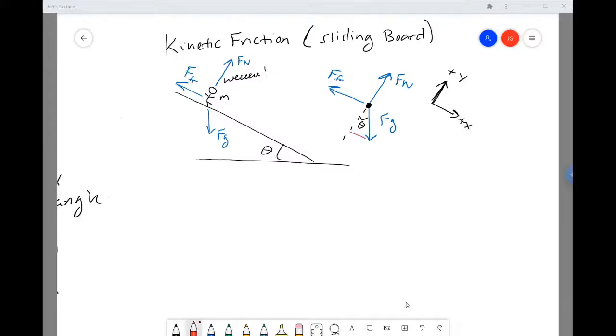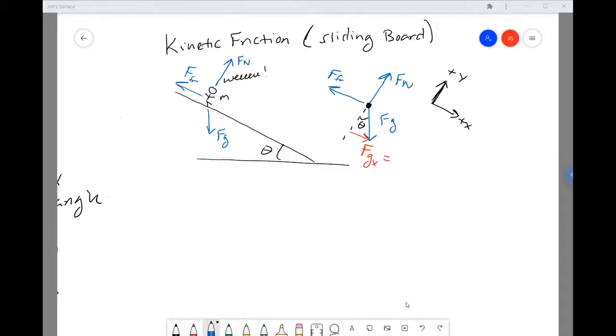So gravity has an x component, which is equal to the force of gravity, the weight, times the sine. Try that again. Force of gravity in the x direction equals the weight.